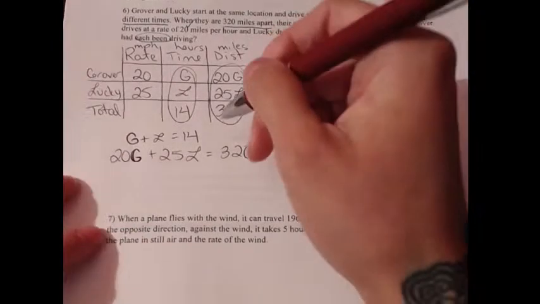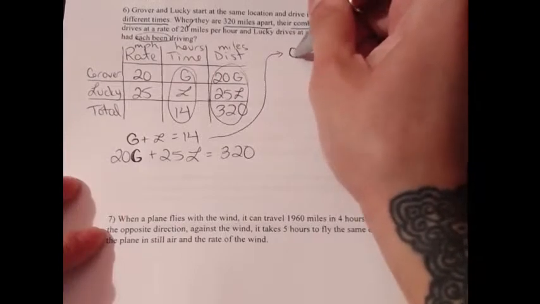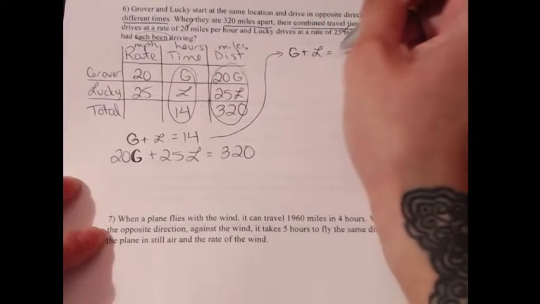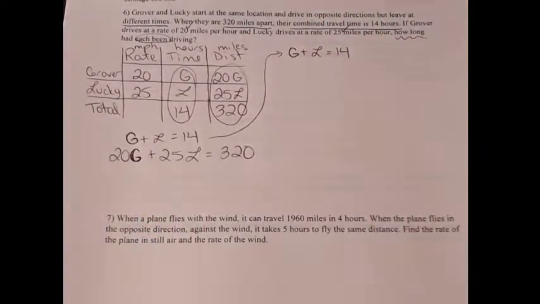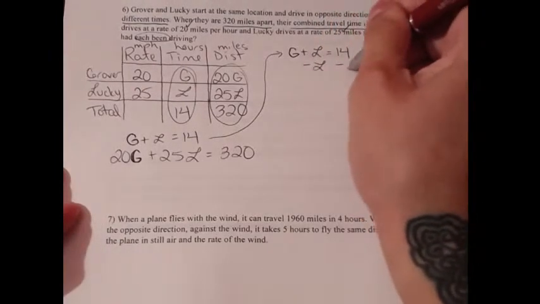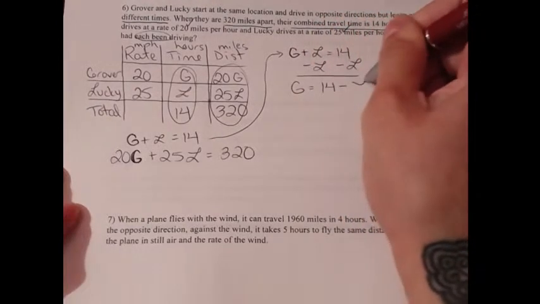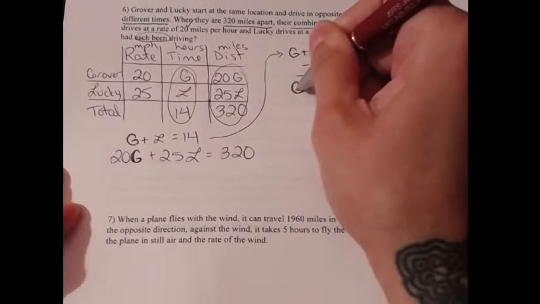So if I have G plus L is equal to 14, then I'm going to isolate one of the variables here. It doesn't really matter which one I isolate. So I'm actually going to subtract L. That gives me G is equal to 14 minus L.